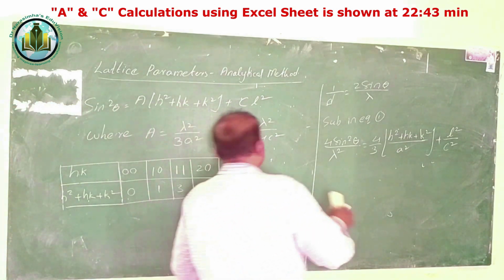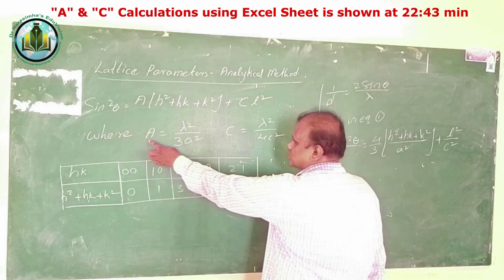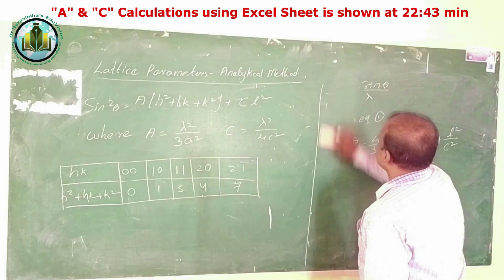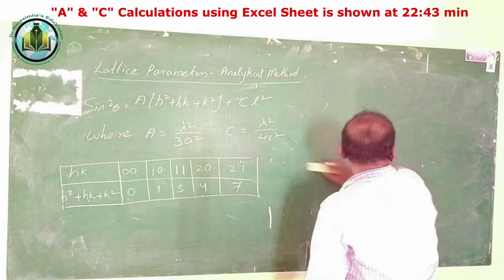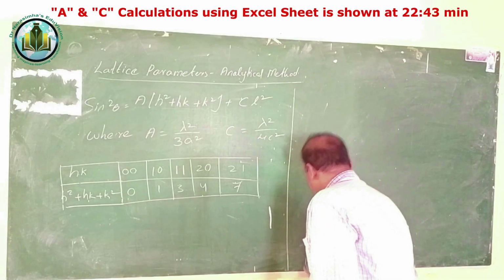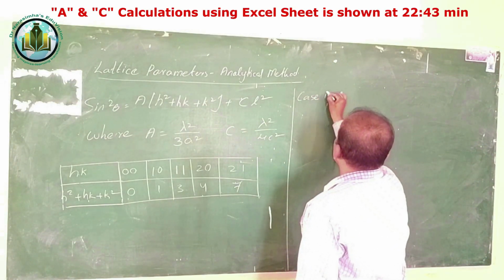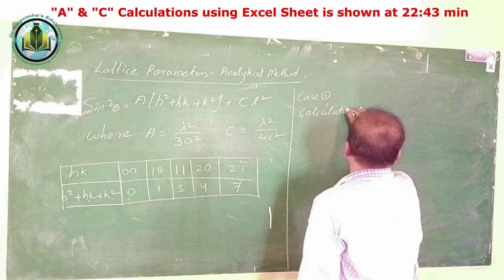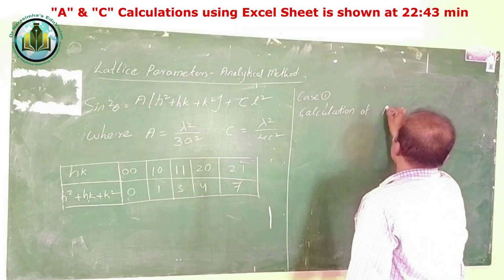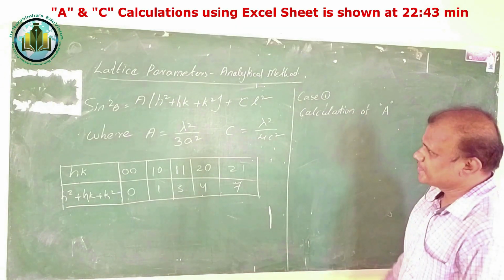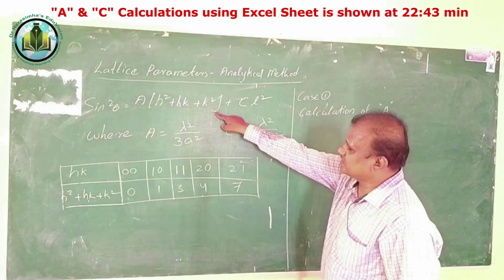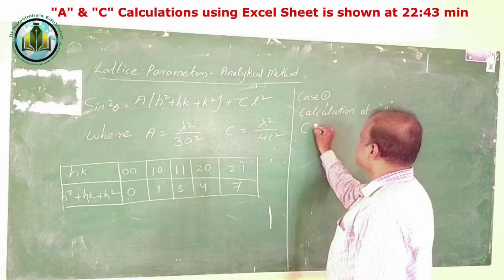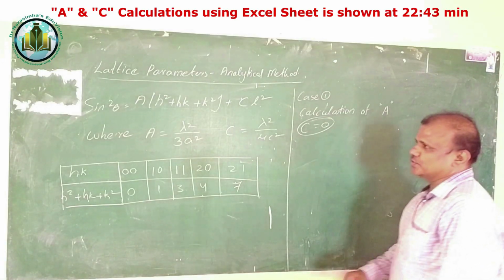So now I am going to calculate capital A value. Once capital A value is calculated, you can calculate the lattice parameter small a. So for example, case 1 is the calculation of capital A value. From this equation, for my convenience, I am going to take this capital C constant as 0.